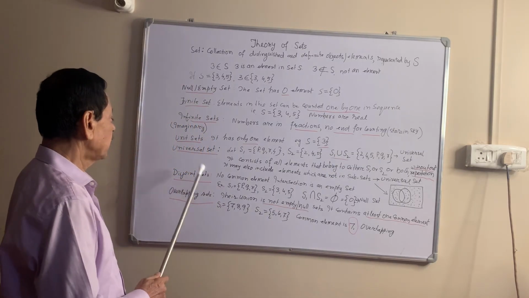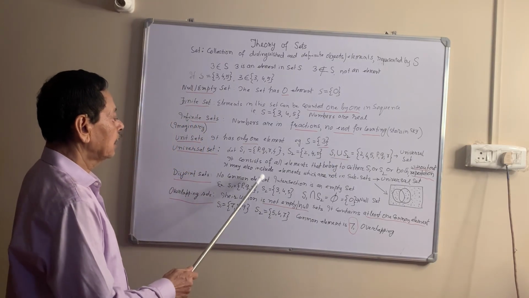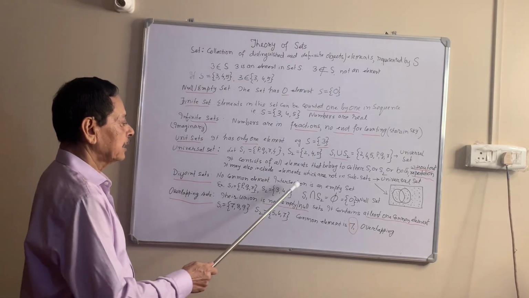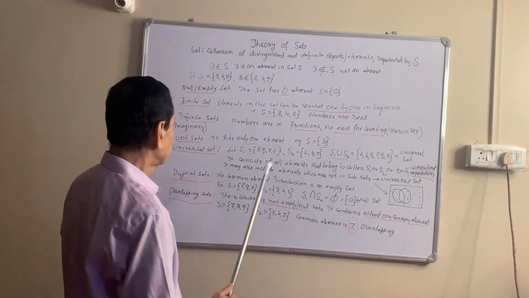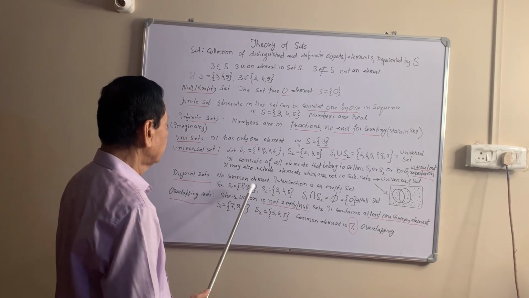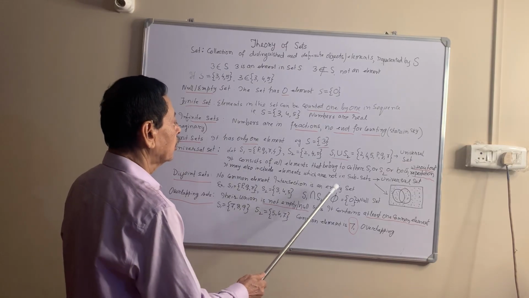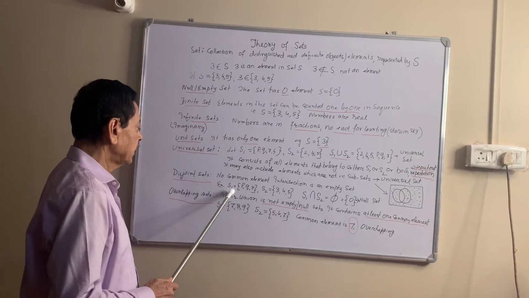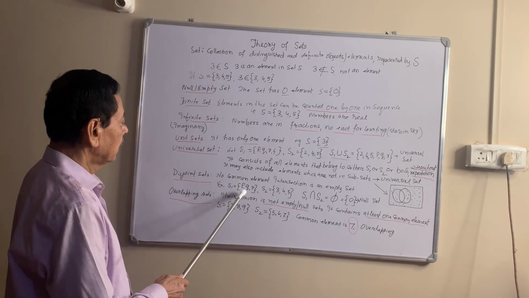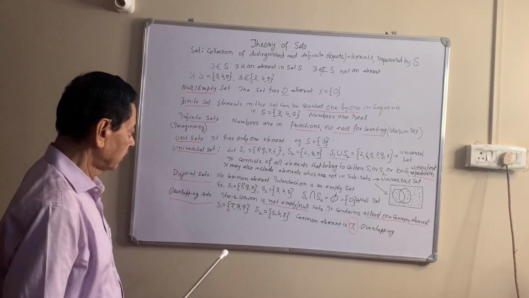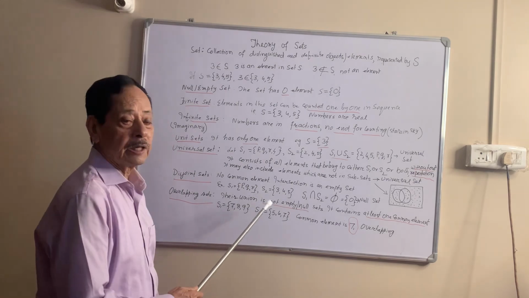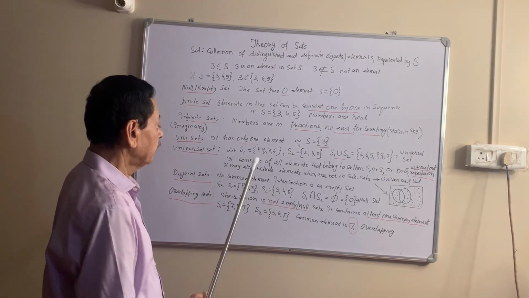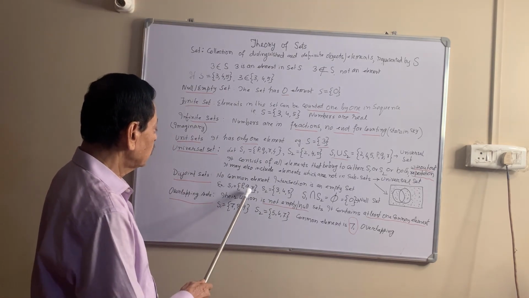Then the disjoint set: there is no common element, and the intersection is an empty set. For example, in set S1 the elements are P, Q, R, and in set S2 the elements are 3, 4, 5. So there is no common element.